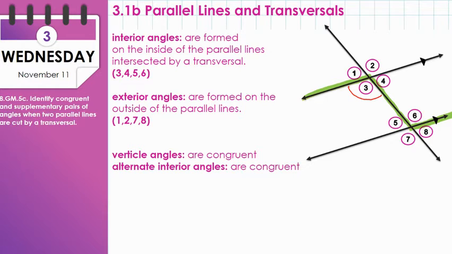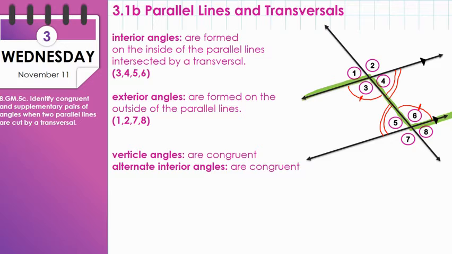Angle 3 would be congruent to angle 6. And angle 4 would be congruent to angle 5. Those are our alternate interior.